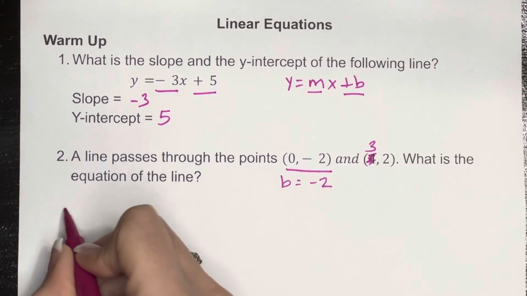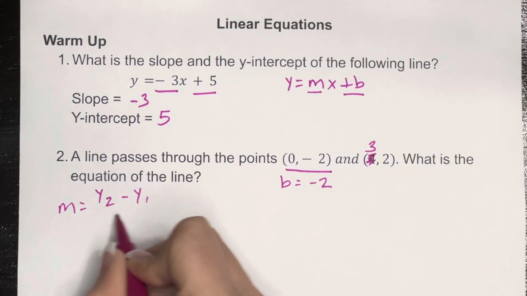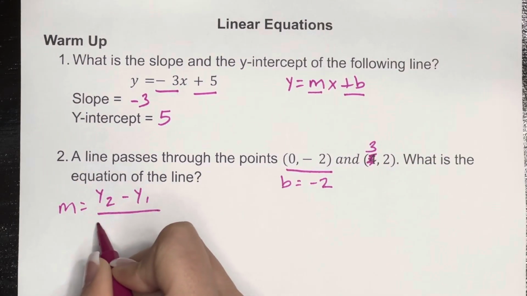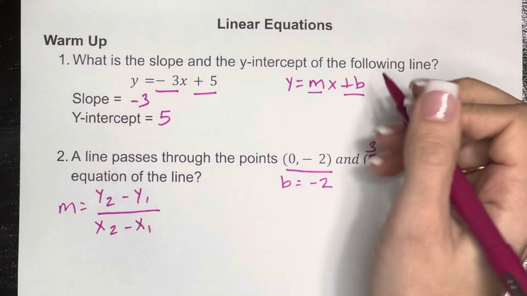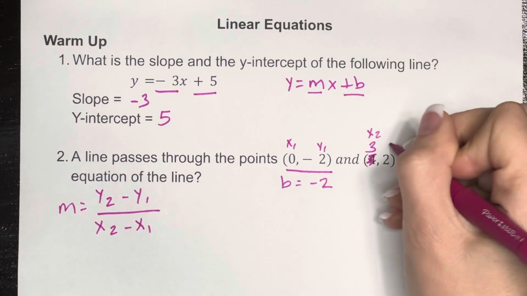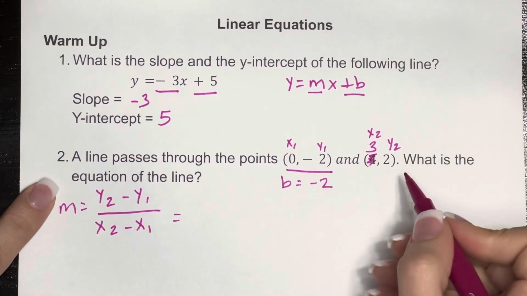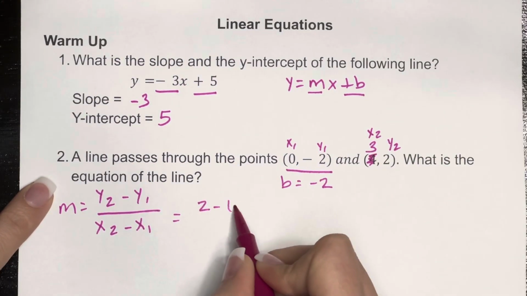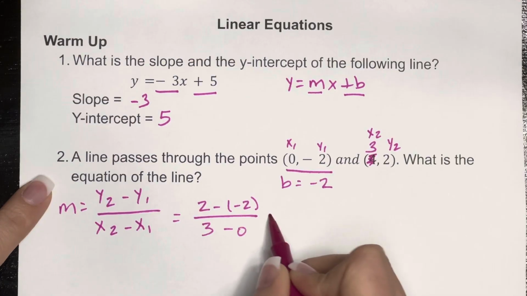And then my slope, you should remember the equation for slope is y2 minus y1 divided by x2 minus x1. This should be x1, y1, x2, y2. Plug those in. So you should have 2 minus -2 divided by 3 minus 0.